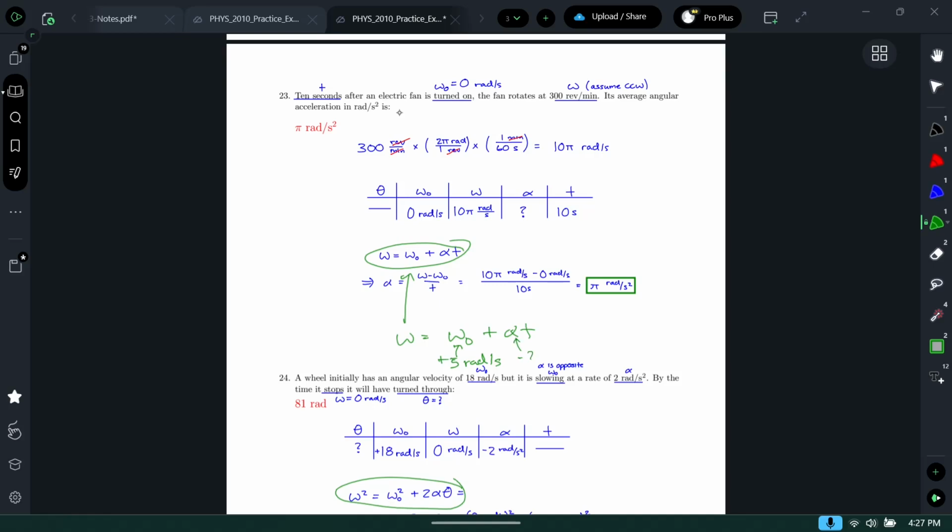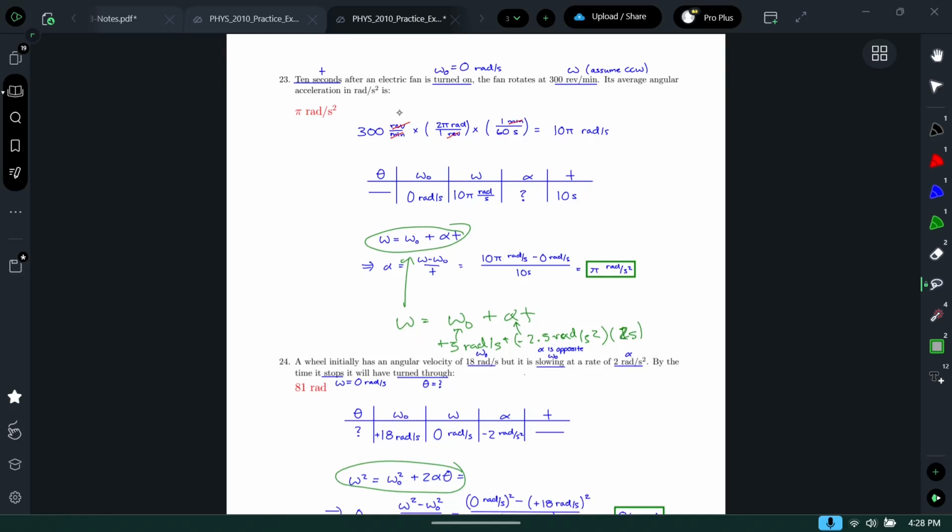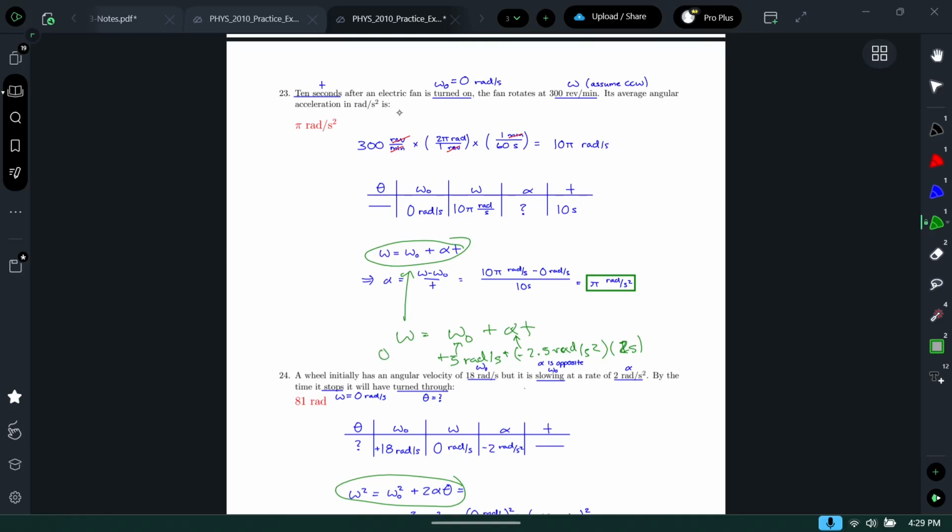This is the one that's negative 2.5 radians per second each second. So after 1 second has passed, what will the final angular velocity be? 2.5. After one more second has passed, so 2 seconds overall, what will the final angular velocity be? 5 minus 2.5 times 2, that's 5 minus 5, or 0.